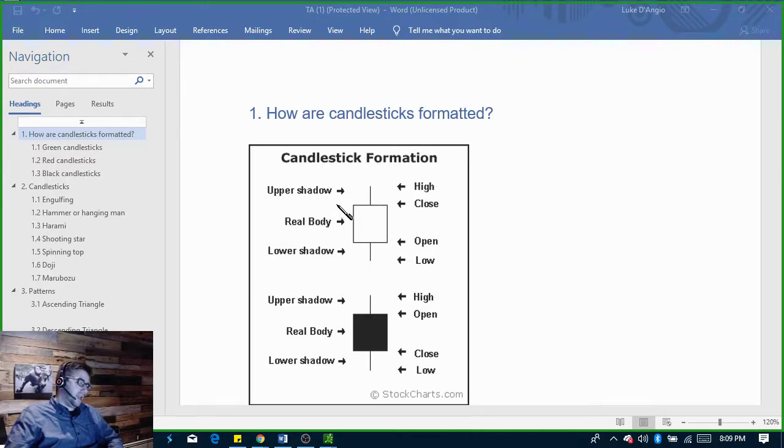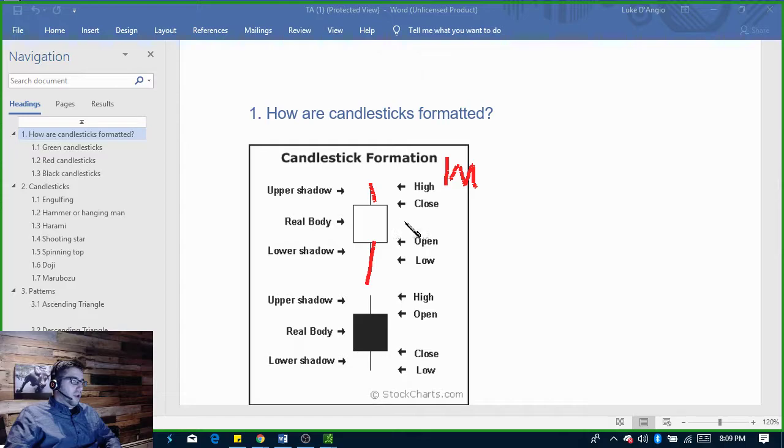Candlesticks can be set to whatever time frame you would like. So let's just say that this is a 1 minute, right? And you have the wick, right?